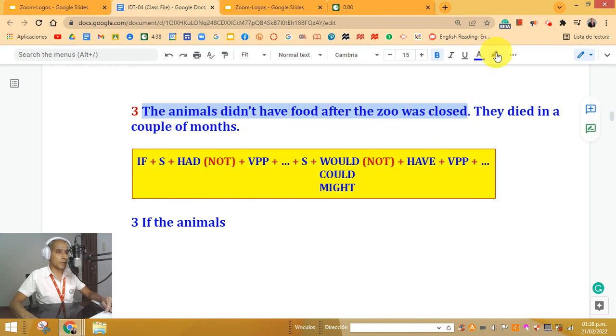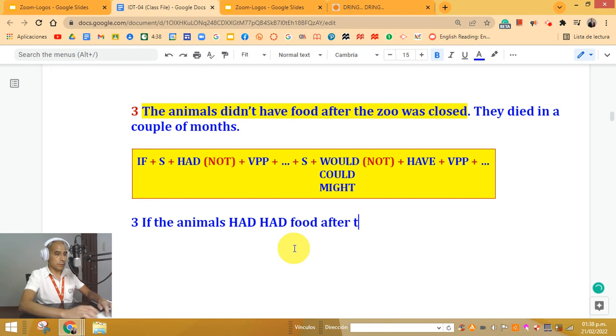All the information in yellow corresponds to the if clause. It's in the negative form. So now I have to change it to the affirmative form. So I just put had plus the verb in the past participle. In this case, the verb is have, and the verb in the past participle will be had again. Had. And I copy the rest of the information.